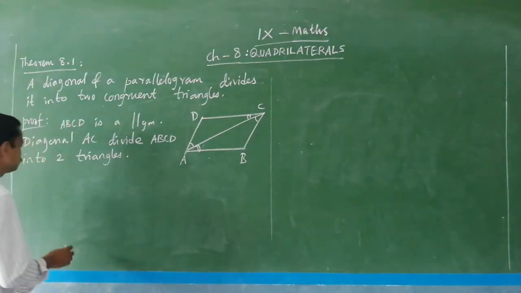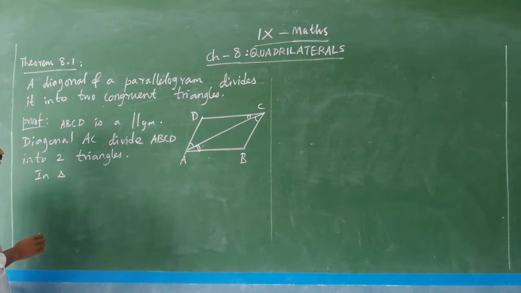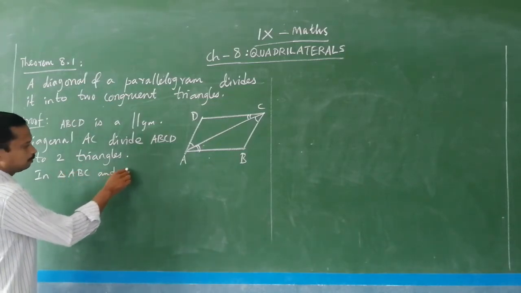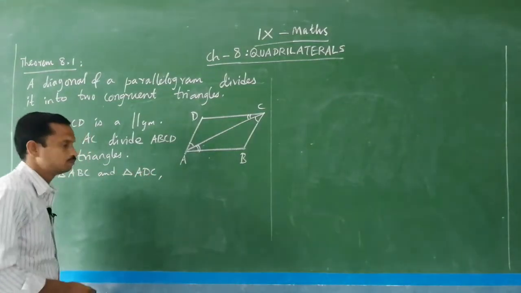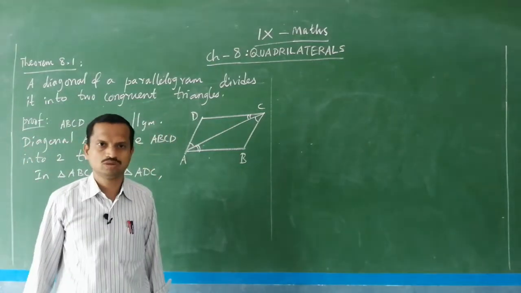You see how. So, now in triangle ABC and triangle ADC, you know how to say the two triangles are congruent.